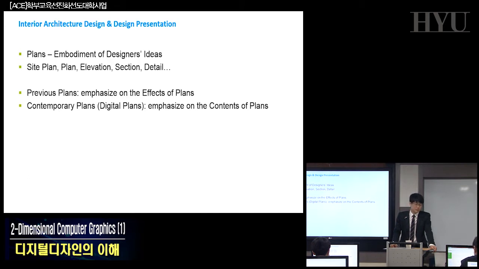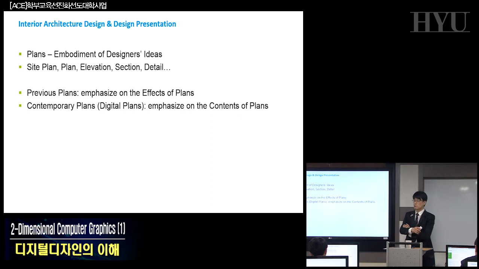Plans. In architectural drafting course, you may have drawn plans several times. In theoretical perspective, what's the meaning of plans? It's kind of an embodiment of designers' ideas in a straightforward way.